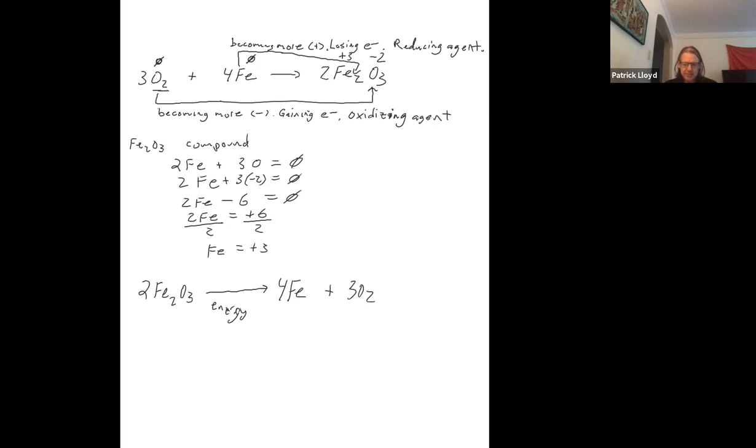So essentially what's happening is the iron's going +3 to 0, right? So it's actually becoming more negative. So the iron in this case is the oxidizing agent. And then the oxygen is going from -2 to 0, so that's becoming more positive. So it's acting like the reducing agent. So it just depends on the direction you write the reaction, the equation.